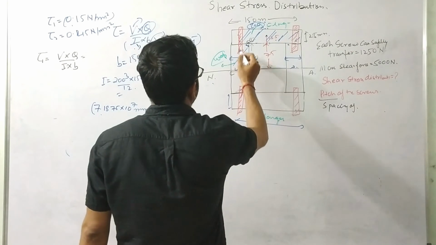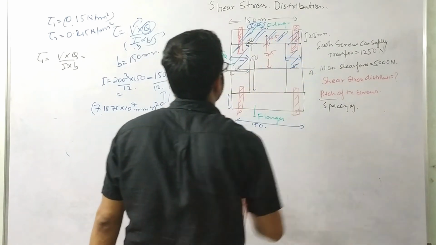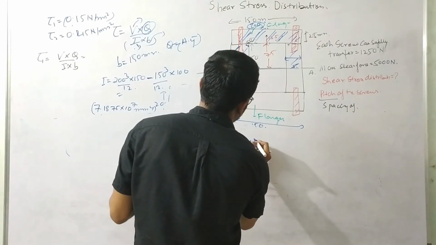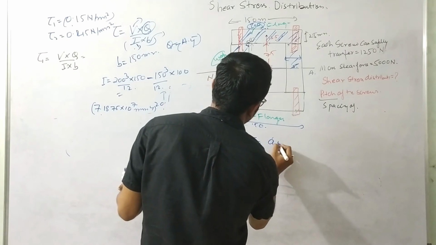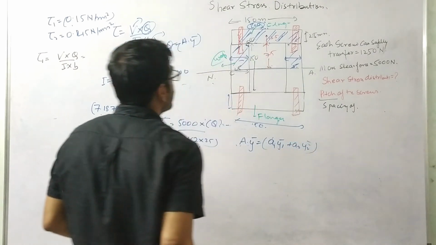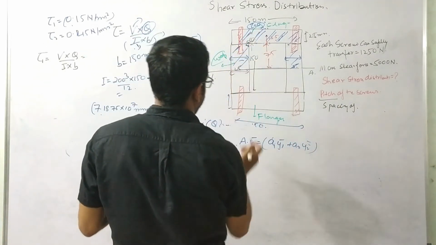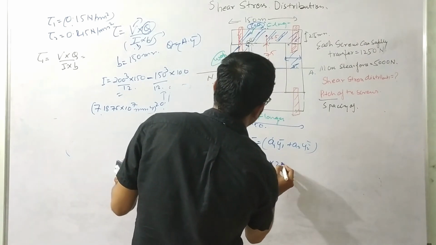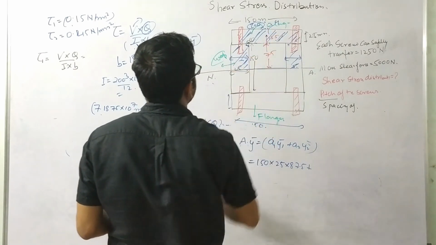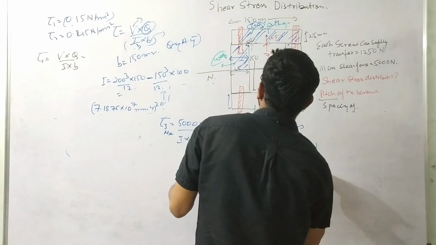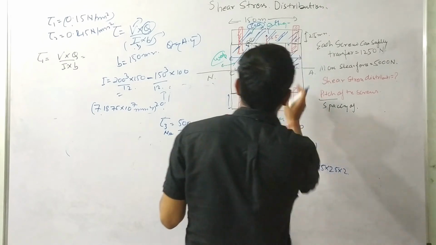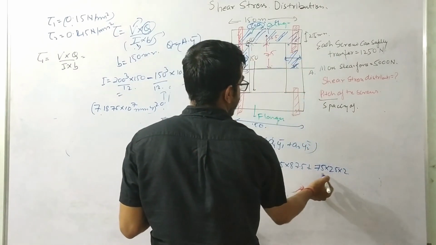So A into y bar equals A1 y1 bar plus A2 y2 bar. For A1, I can write 150 into 25 into 87.5. For A2, this is 75 into 25 into 2, because one area is from this portion and one from this portion. That's why I multiplied it by 2.